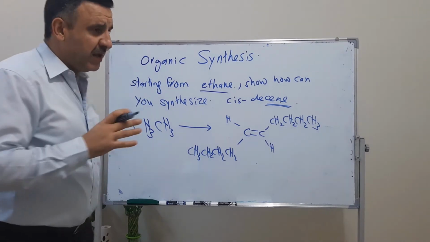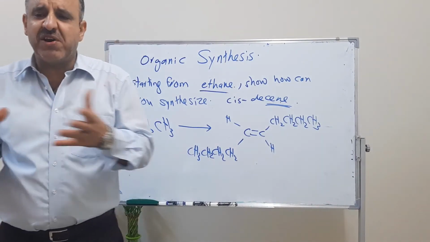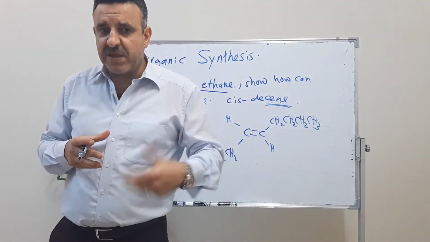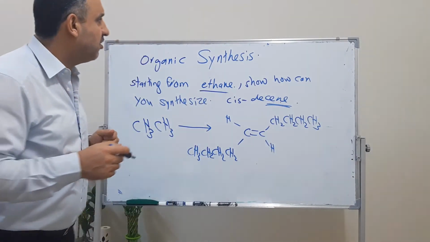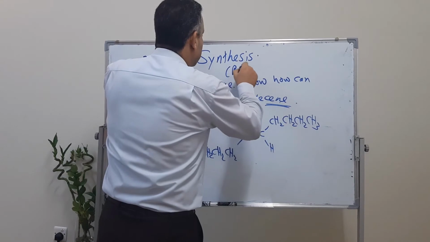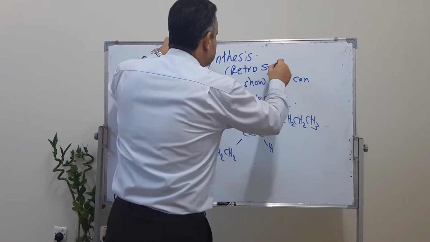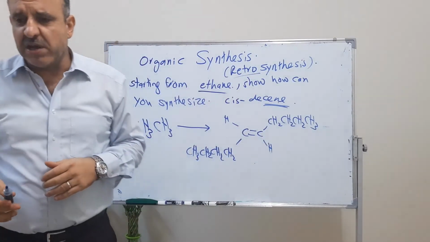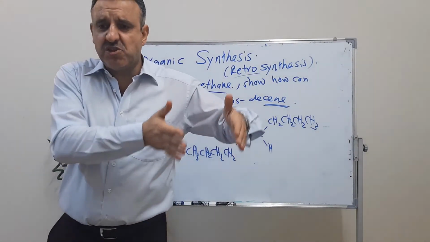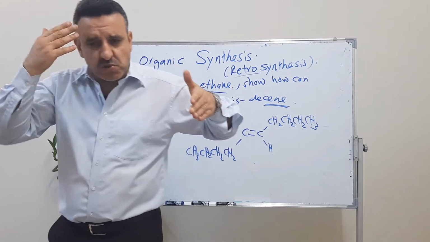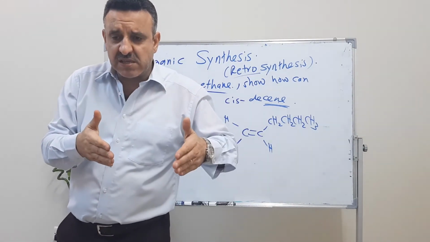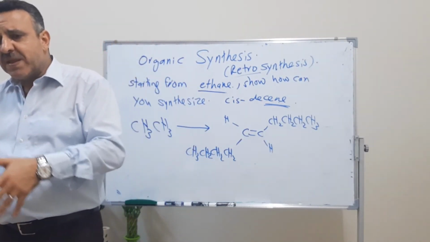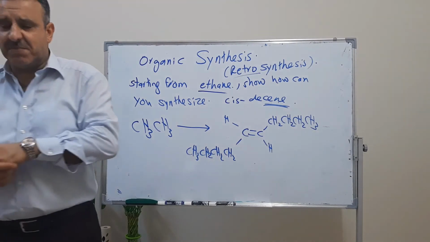Now, for organic synthesis, whenever you deal with this type of question, you need to follow a methodology which we call retrosynthesis. What's the meaning of retro? Retro is like, we are going to go backward. We're going to analyze the synthesis starting from the product, going slowly, stepwise backward until we reach the starting material.